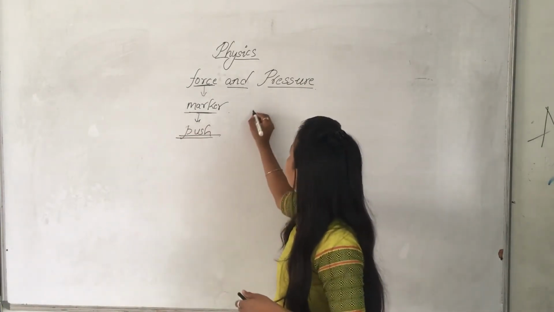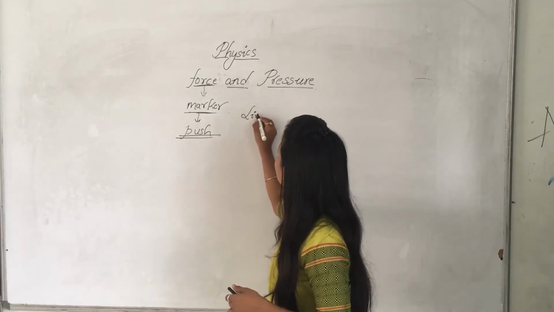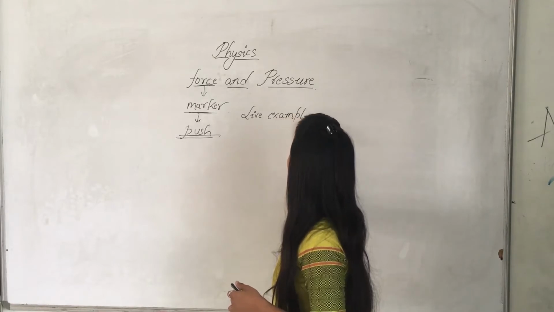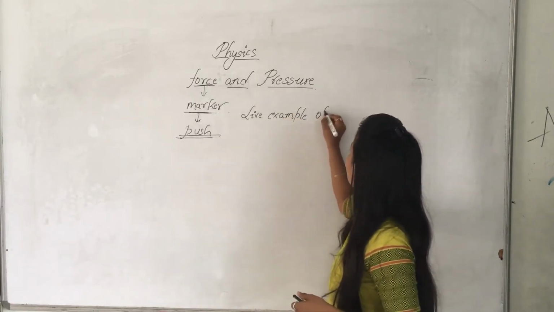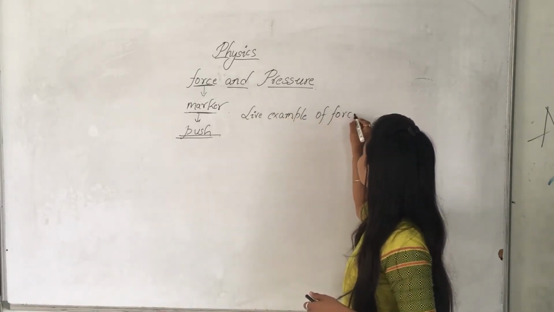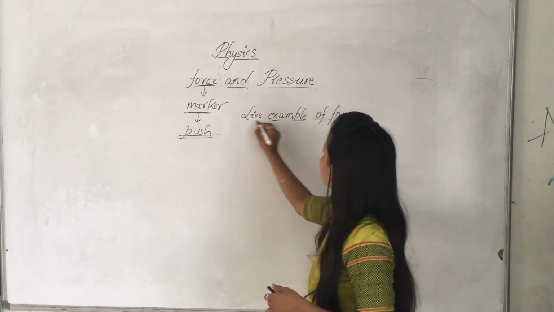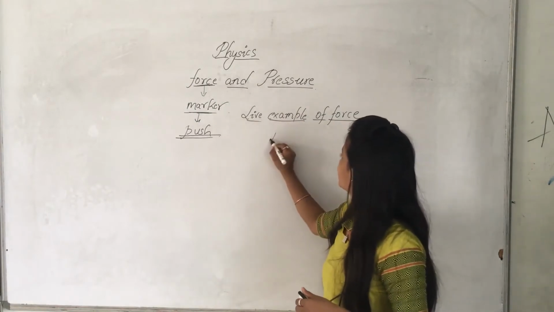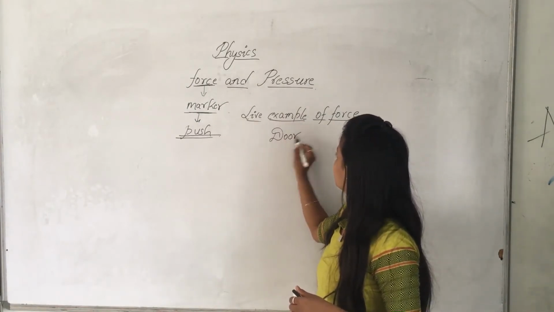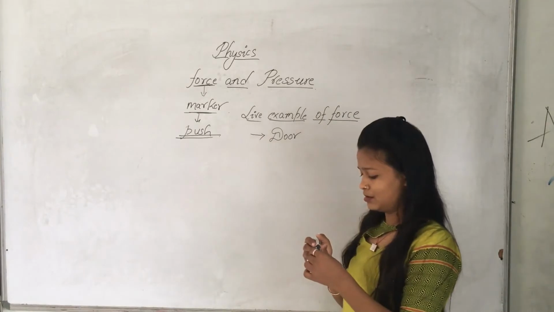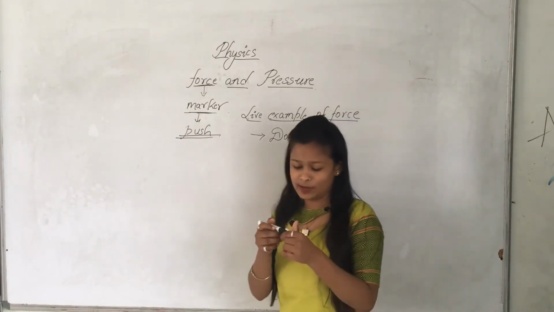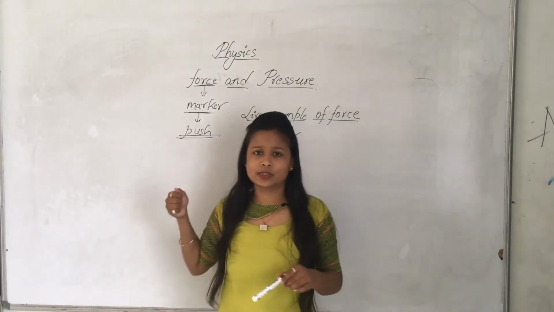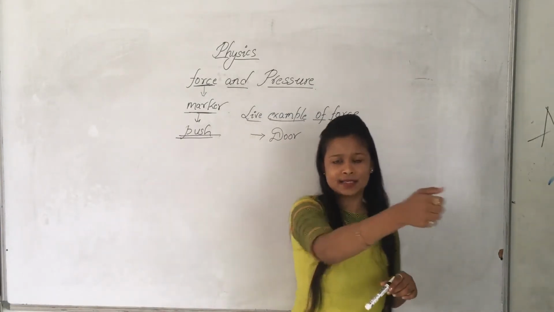Come on, let us take a live example. Live example of force. Say me, what is a live example of force? Of the door. When will you say it is a push or pull? If you take it out, it is a pull.